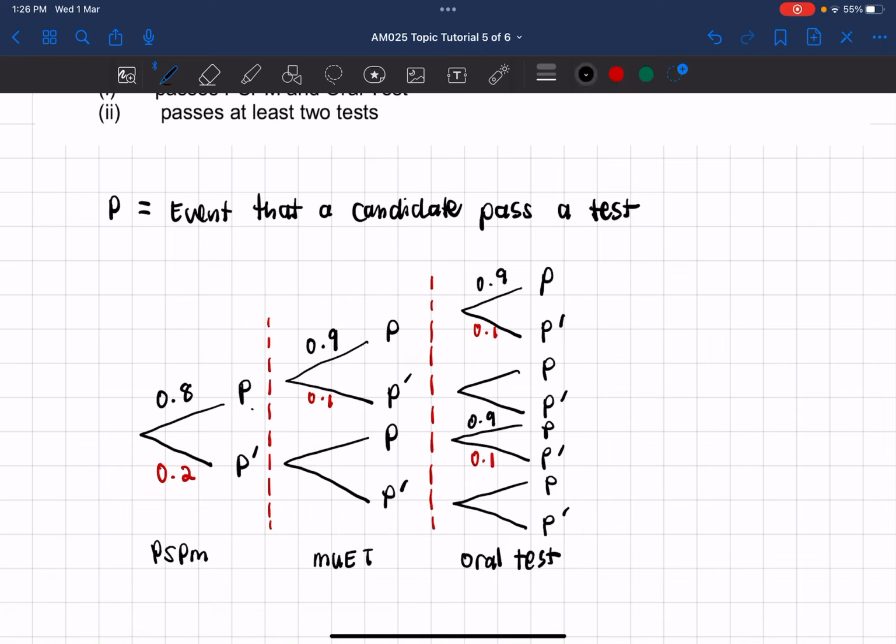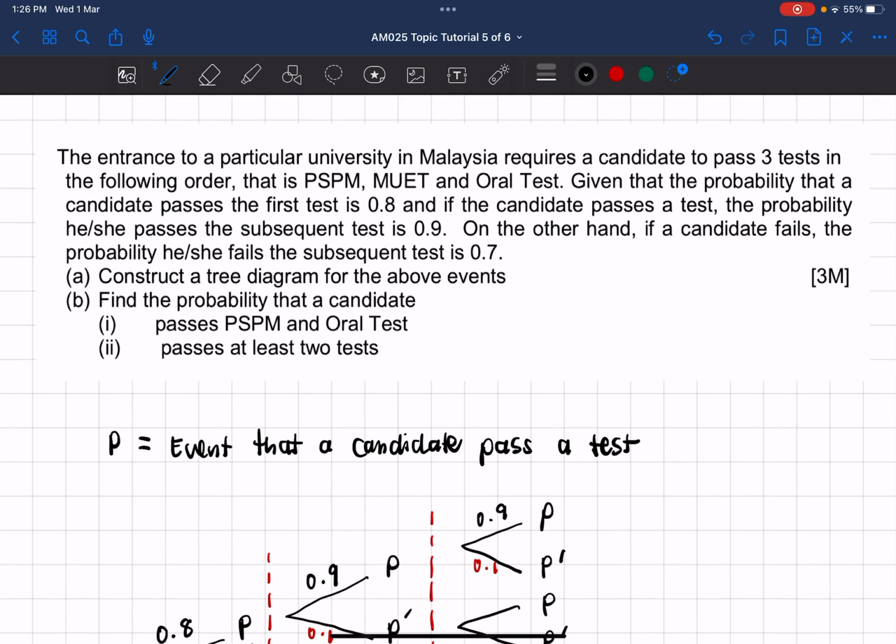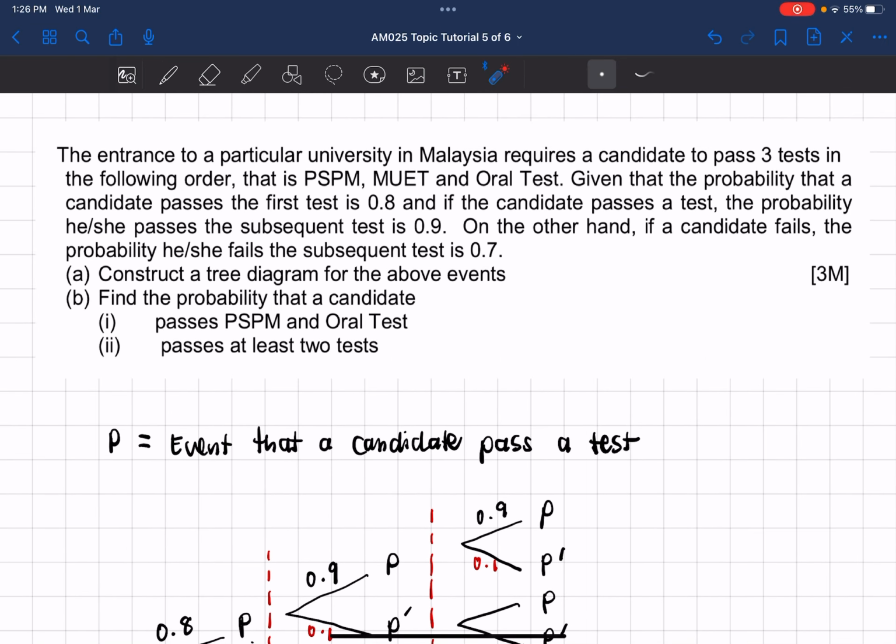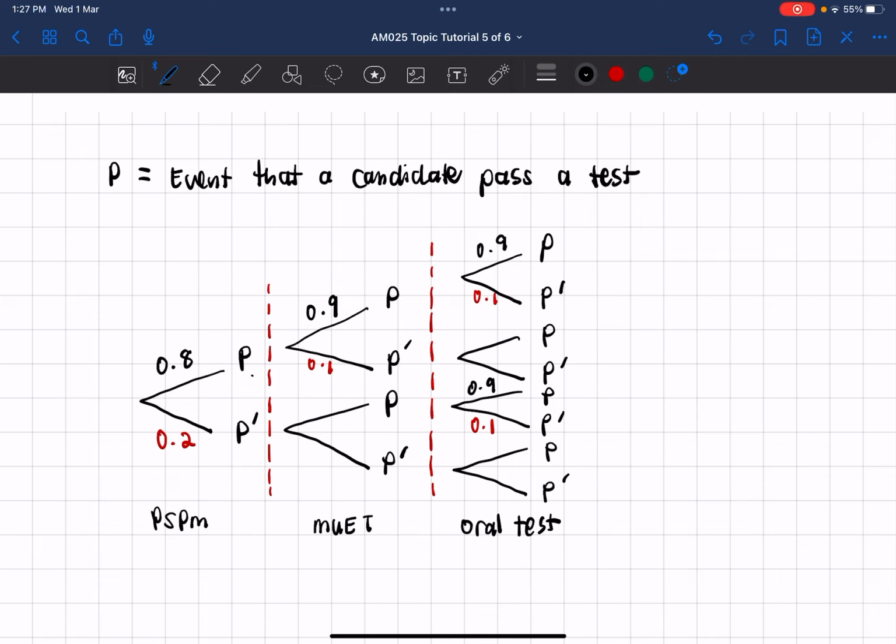Okay, so next, on the other hand, the next sentence: if a candidate fails, the probability he or she fails the subsequent test is 0.7. So we're going to write down, if he or she fails, the probability he or she fails the subsequent test is 0.7.